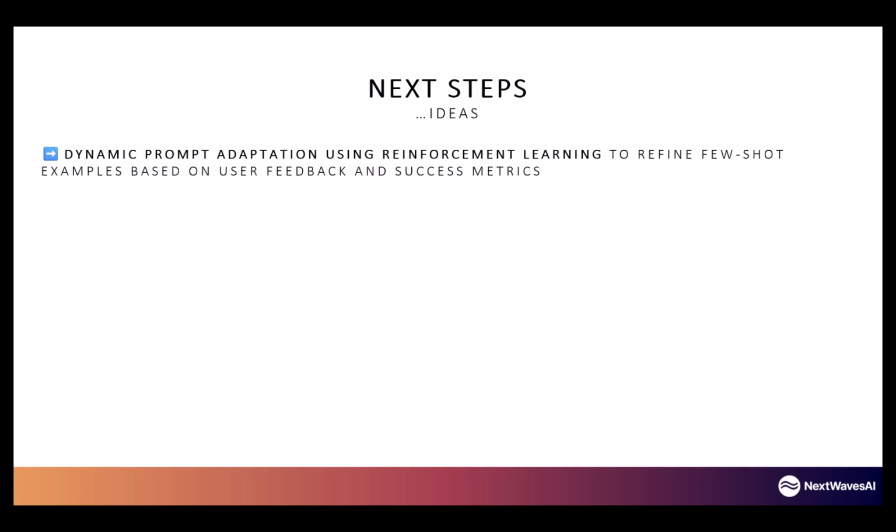First, we could explore or put in place dynamic prompt adaptation using reinforcement learning, which could help us continuously refine using few-shot examples, dynamically updating them so you can improve the system.